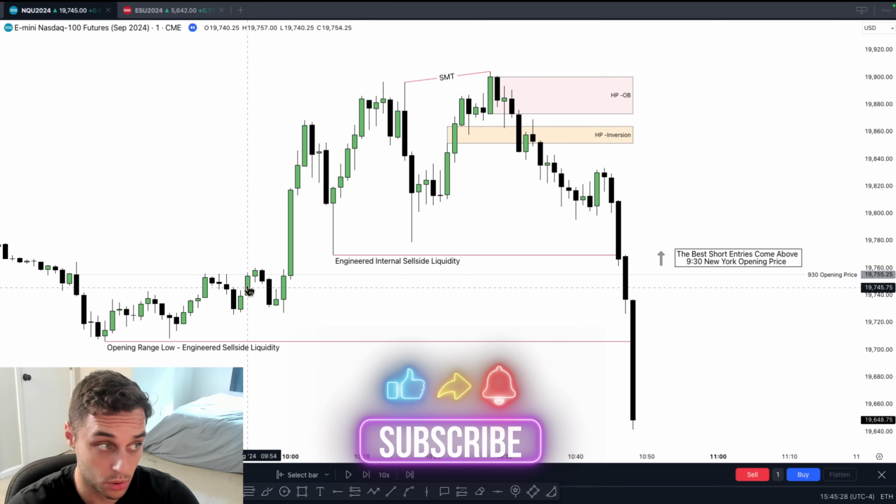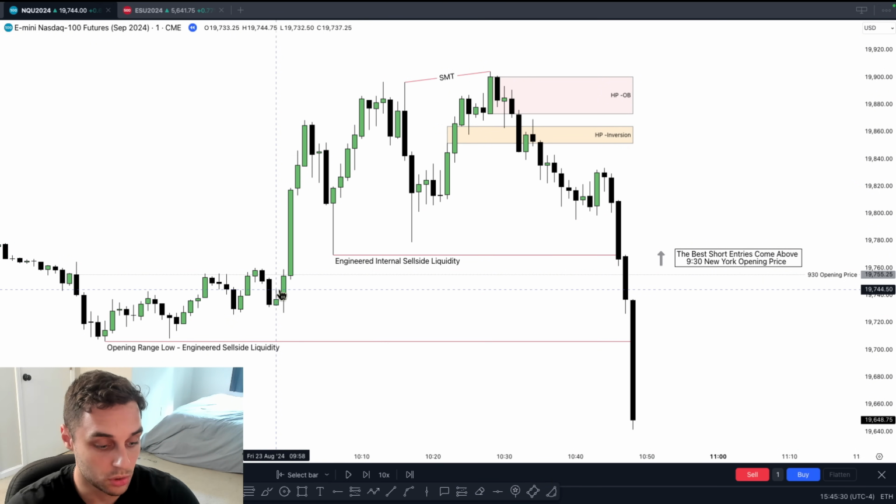Okay, and of course, the closer you get to that news event, you really don't want to be in a setup. You want to wait for that manipulation because you know, even if you get the draw on liquidity correct, with that news, sometimes it can be so volatile and it's more likely, because trading is a game of probabilities, it's more likely to stop you out and then go wherever it wants to go, even if you're right or if you're wrong, right? It's more likely to take out your stop and then expand.